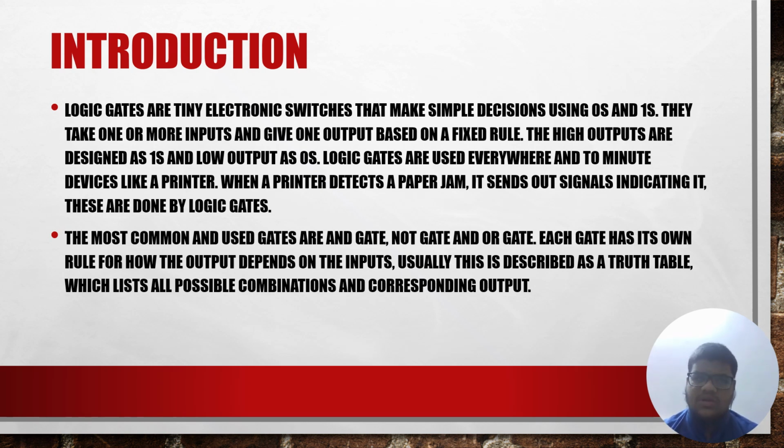The high outputs are known as ones and the low ones are known as zeros. Logic gates are used everywhere, even in minute devices like printers, tube lights, and mobile phones.